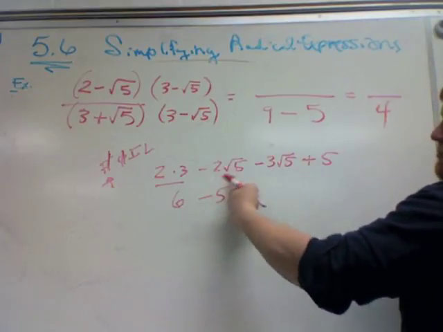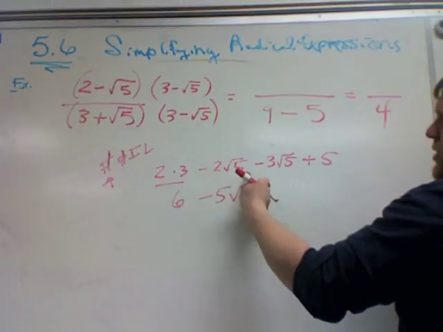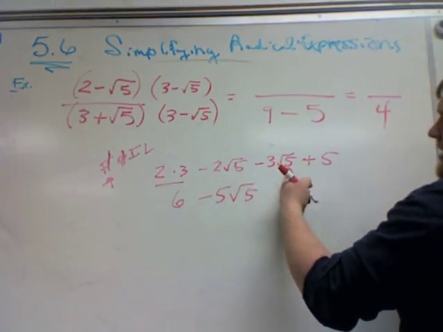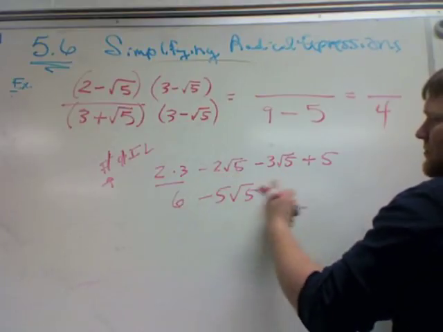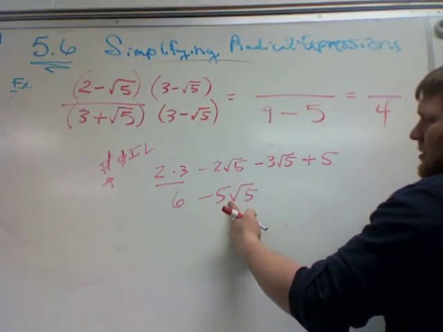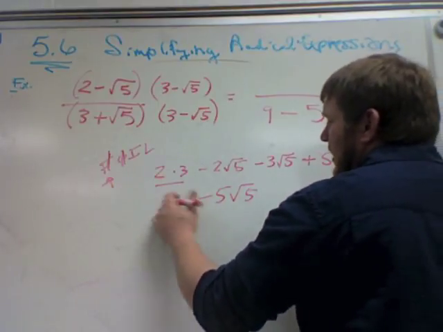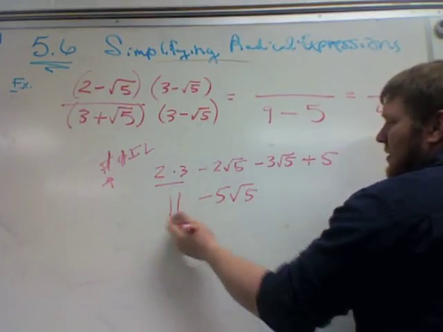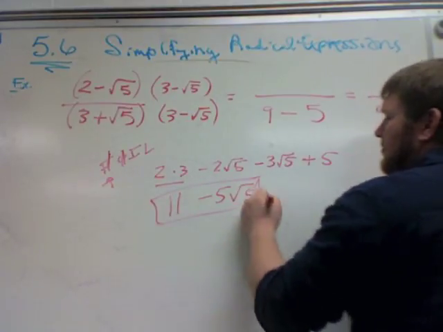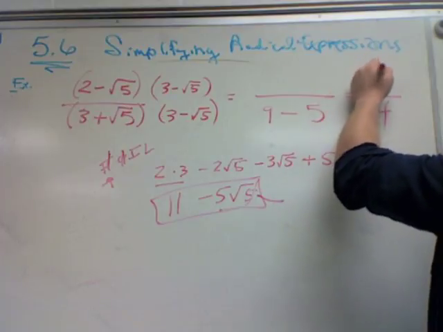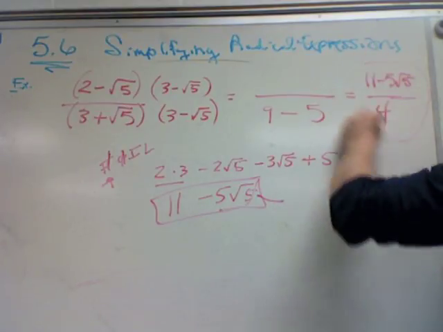Notice this, I combine these. It's like saying I have negative 2x and a minus 3x, I just get a minus 5x. Kind of think of it that way. Combine those. Plus 5, plus 6, plus 5, I get a plus 11, so I can change this to a plus 11. I have 11 minus 5 square roots of 5 on top.